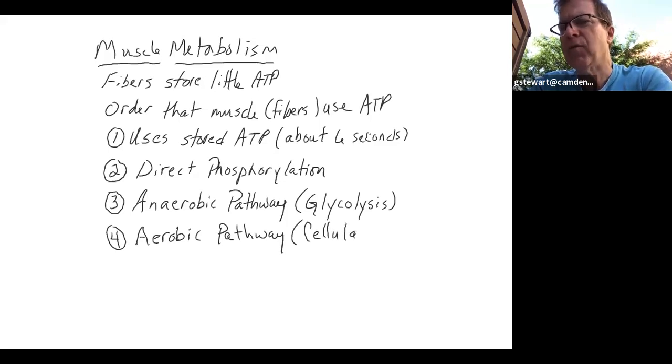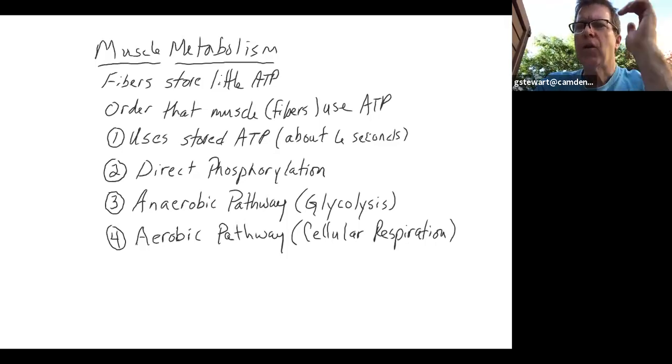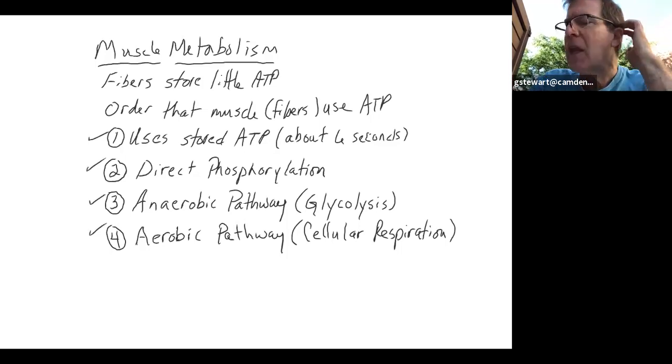I'm going to explain what these 4 steps are after I write this. All right, so first a muscle does this, then this, then this, then this, if it needs to keep sustaining a contraction. So I'm going to layer on a new whiteboard and explain these steps 1 through 4.